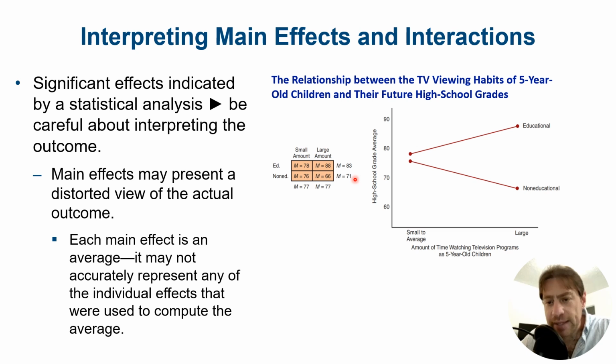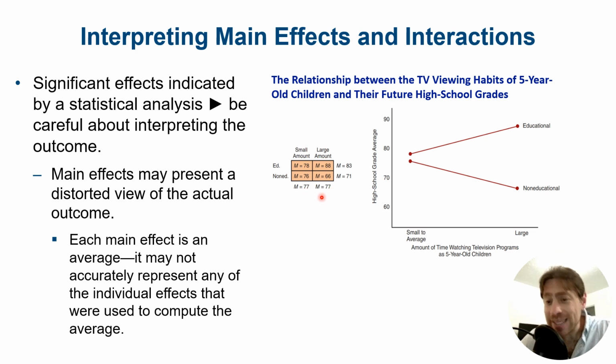But for the other factor, amount of viewing time, there does not appear to be a main effect. There are means of 77 for both levels, small and large amount of that independent variable. So it looks on the surface as if the amount of television doesn't really matter.